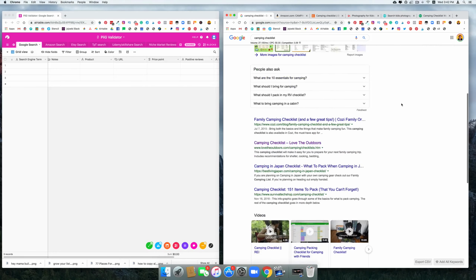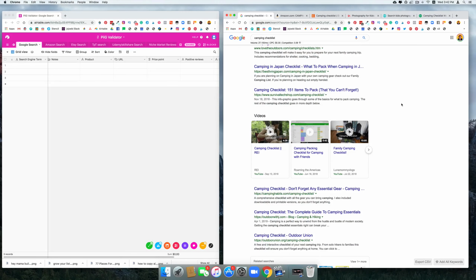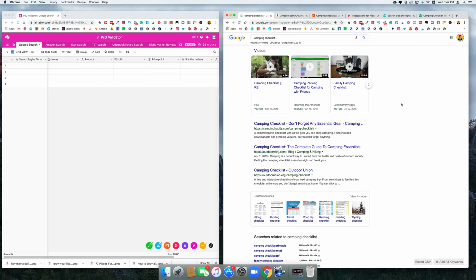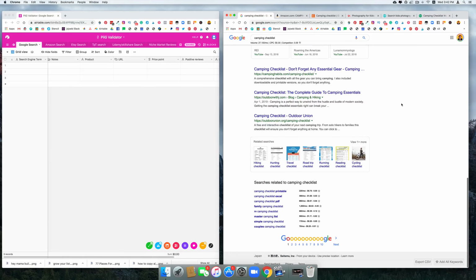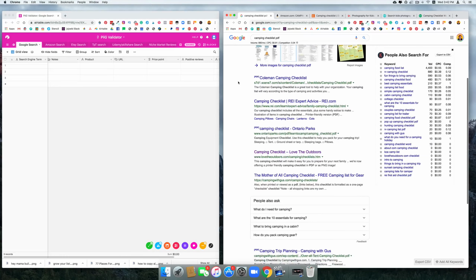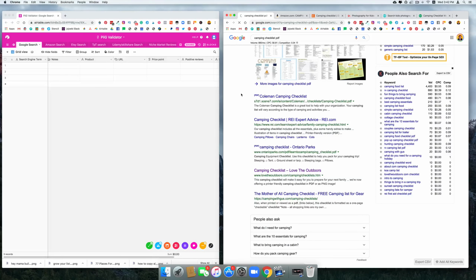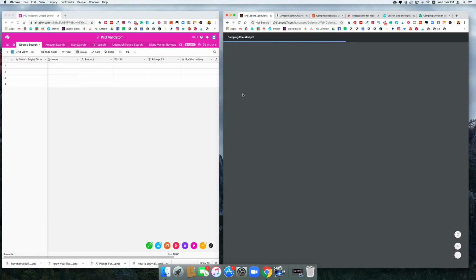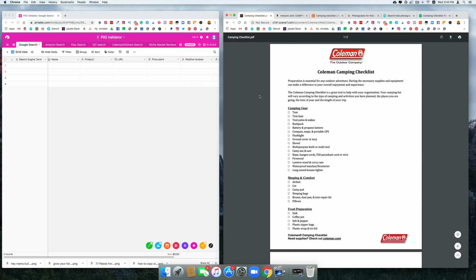There's images. A lot of these look like they're going to be just free checklists. Let's have a look at camping checklist PDF. I think these are just going to be freebie ones you can download, which isn't great if you want a product, but this would be a great thing to get people to opt in for your mailing list.